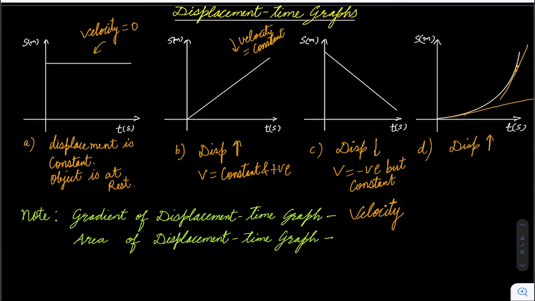You can see the gradient at point A is less than the gradient at point B. So velocity at A is less than velocity at B. As time is increasing, my velocity is also increasing.